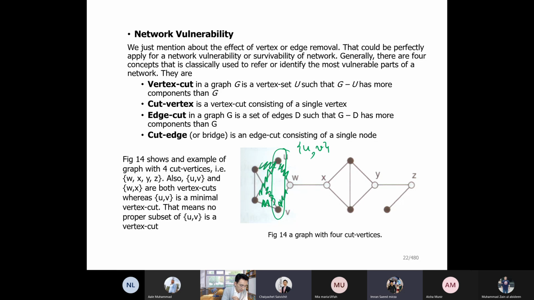If we think in English words, cut vertex is a noun and this is an adjective, right? So a cut means we have multiple vertices or a set of edges that could cause the disconnection, whereas a cut edge is a single edge that causes the cut. Agree? Okay, what are the cut edges in this graph?